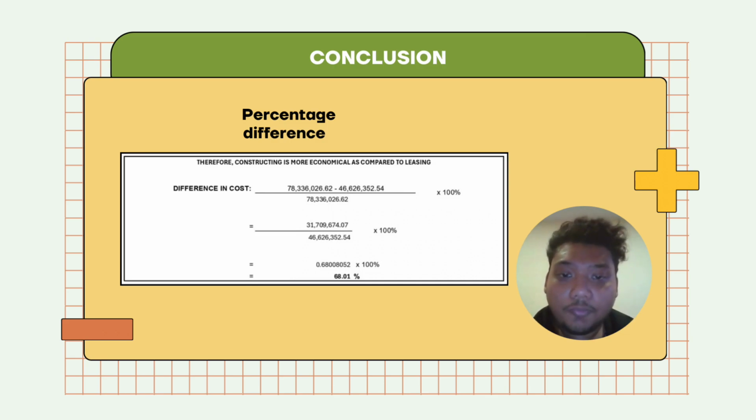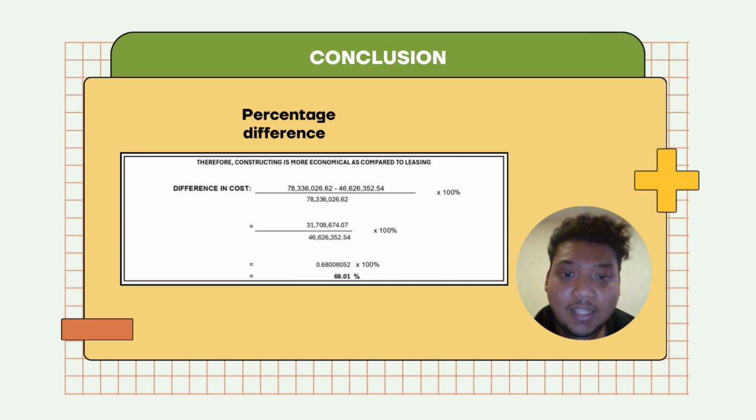After getting this difference, we divide it by the cheapest option and finally multiply by 100%. As we can see from this picture, after dividing by the cheapest option, we get 0.6 and so on. After multiplying by 100%, we get around 68.01%.